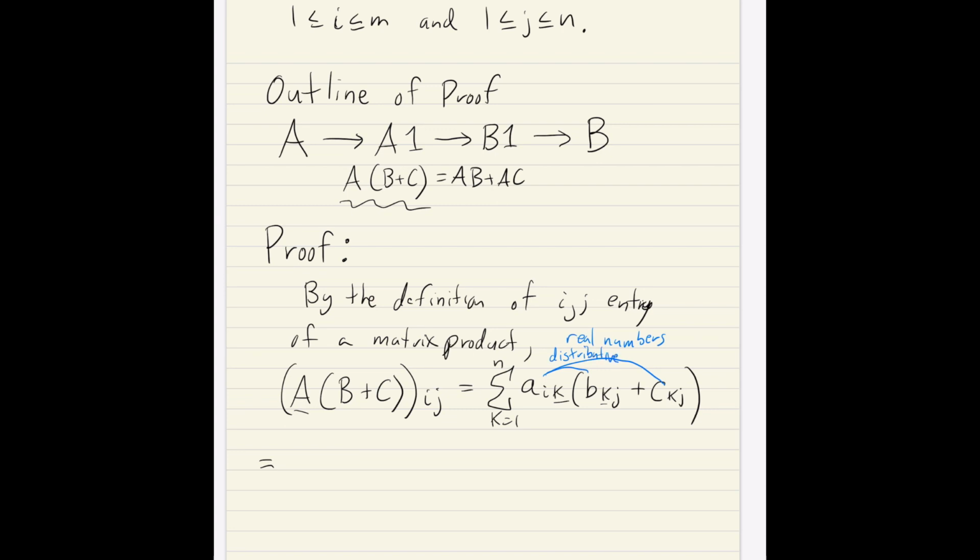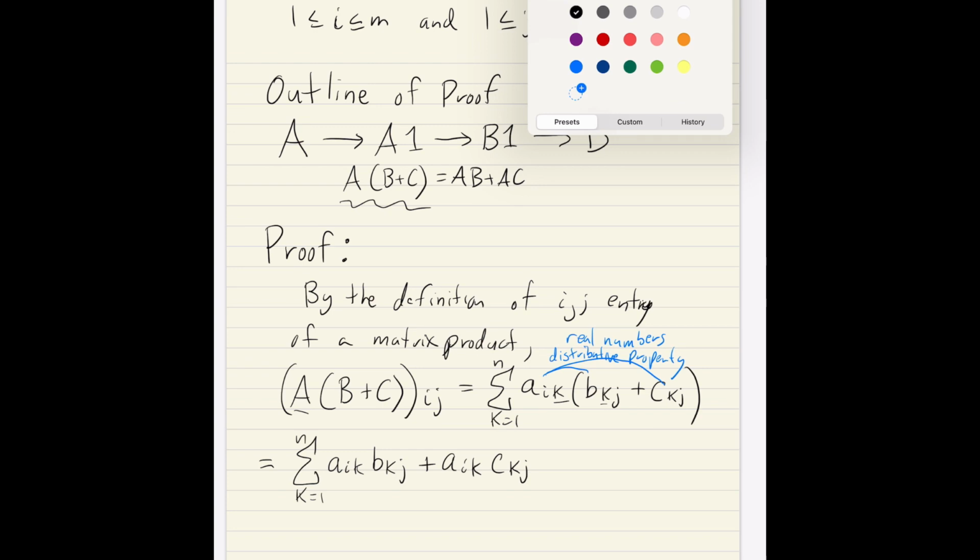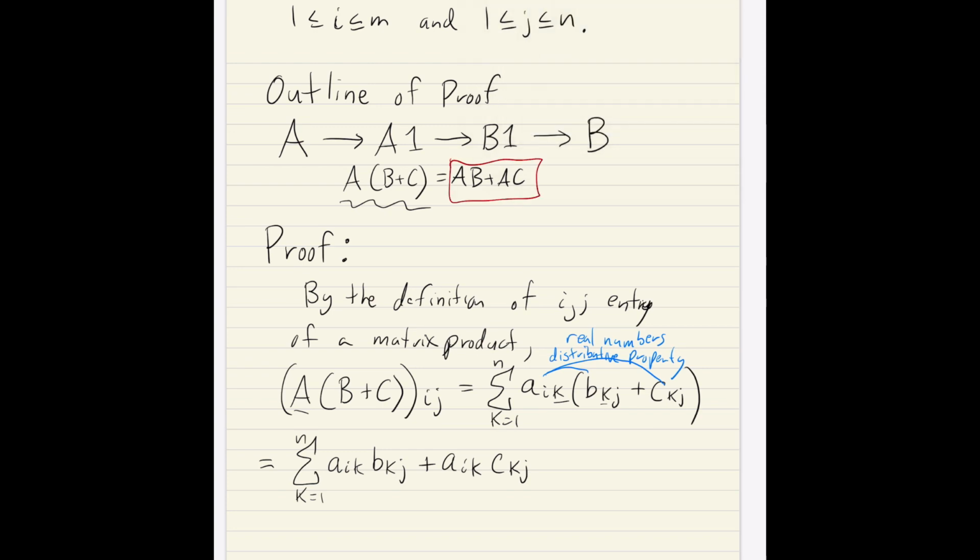If we distribute that in, that is equal to the sum from k equals 1 to n of a_ik times b_kj plus a_ik times c_kj.